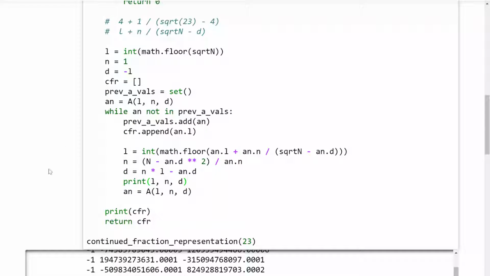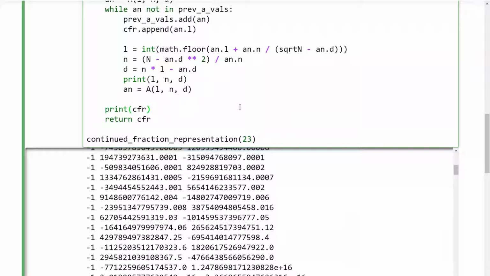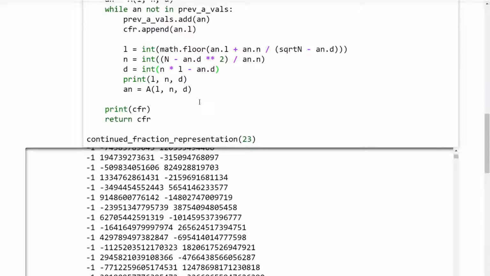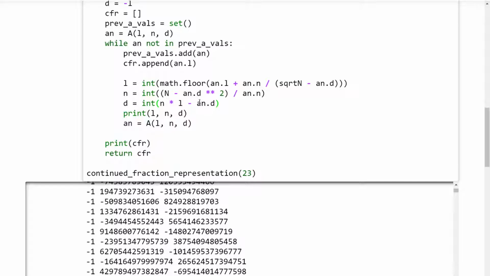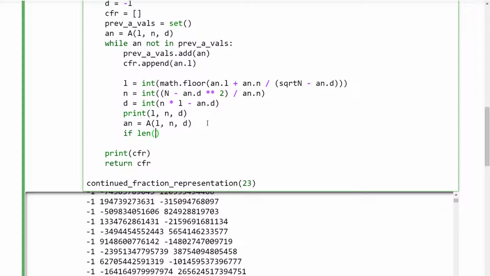What is L? Okay, so we definitely need to do integer stuff here. All I have to do is actually... Okay, if... then... else.